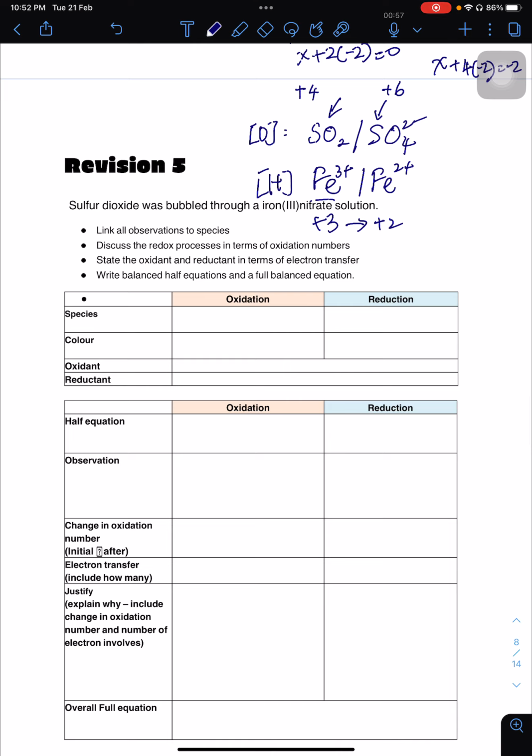So from here, we know the species that undergoes oxidation is sulfur dioxide. Not sure what the color is, please refer to the resource sheet, and sulfur dioxide is a colorless gas. So the species which undergoes reduction is iron in iron 3 nitrate.